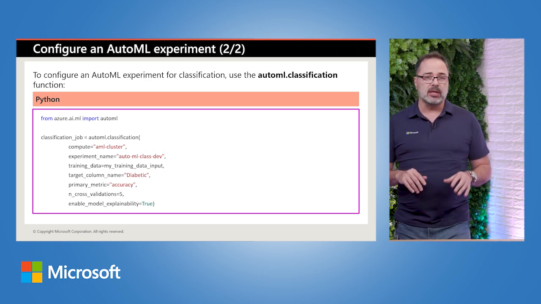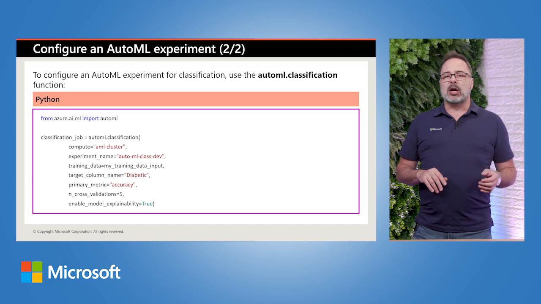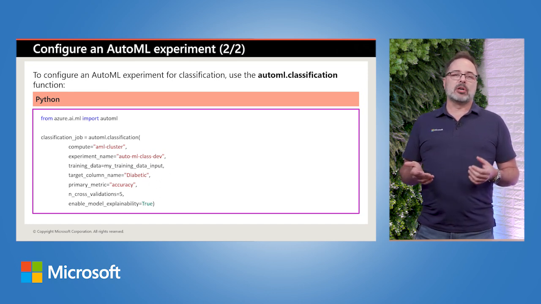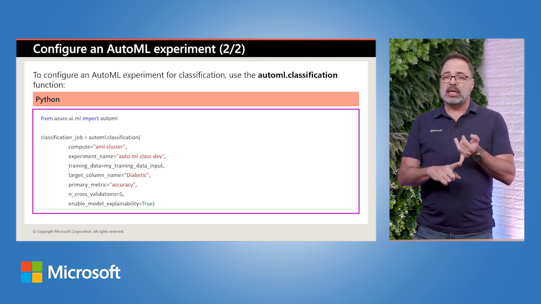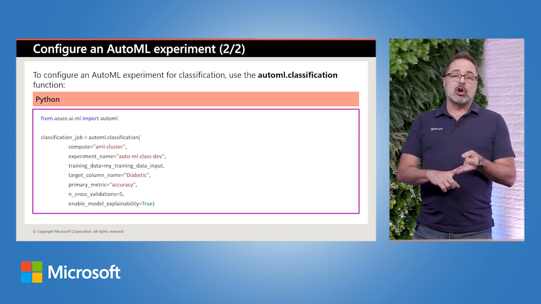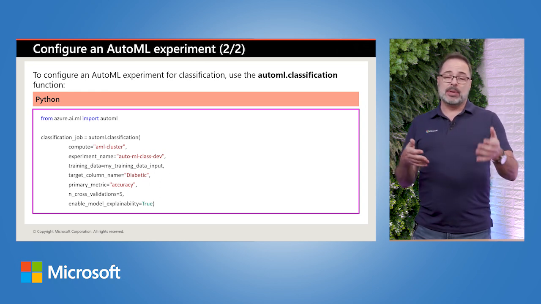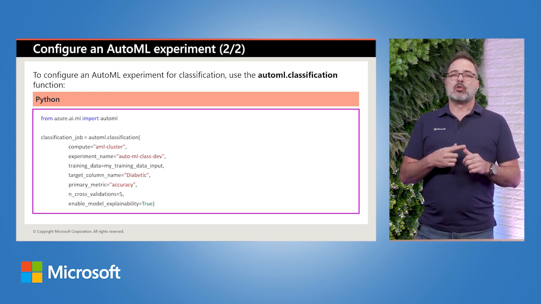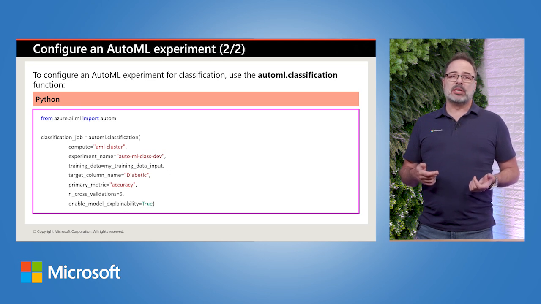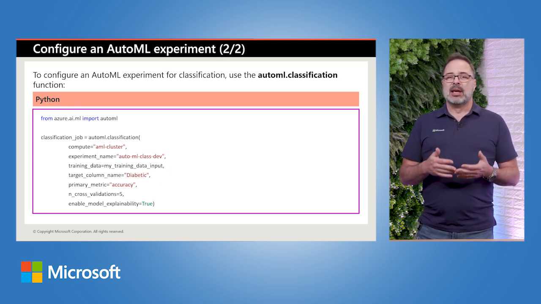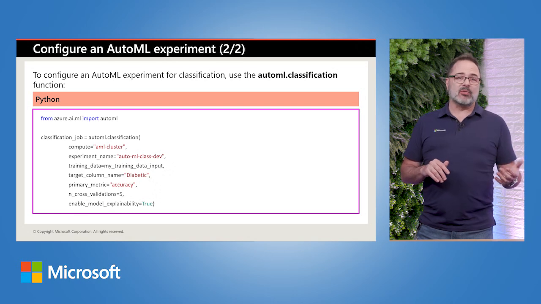In this example, specifically, we can see the AutoML.classification function being configured to specify the compute, the name of the experiment, the training data, the target column name, which we're trying to predict, which metric we want to use to rank the models, which in this case will be accuracy, the number of cross-validations that we want to use to validate the models, and lastly, whether we want to enable the model explainability for the best model run.